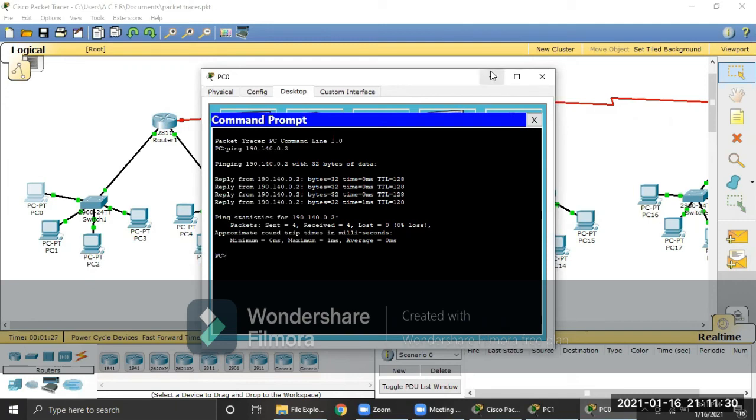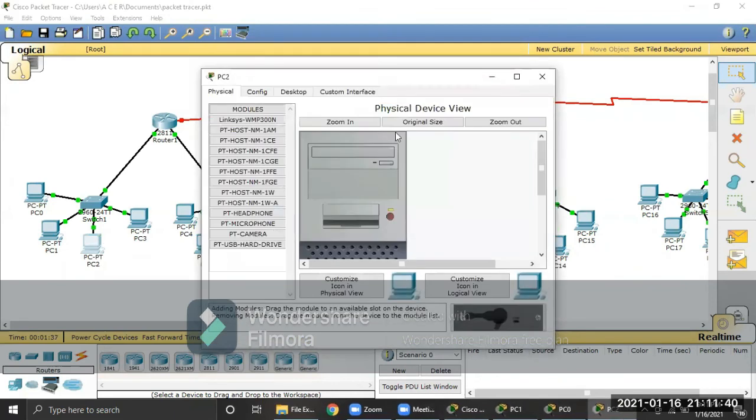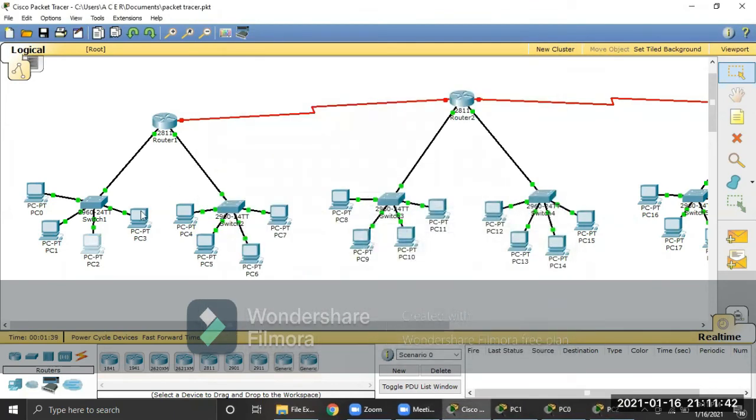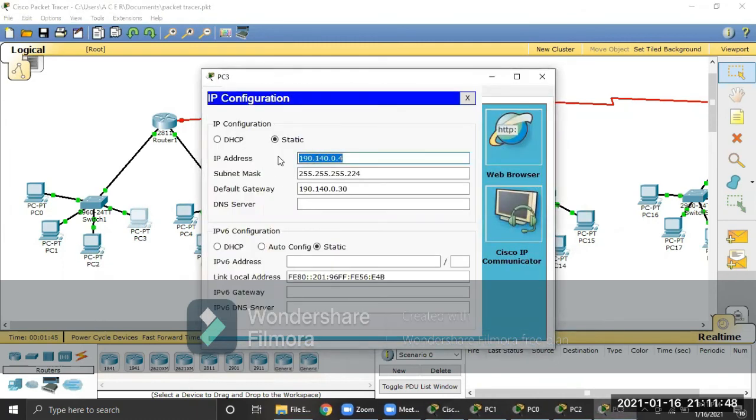So let's try with other PCs. We try from PC2 to PC3. Let's enter the IP 190.140.0.4.